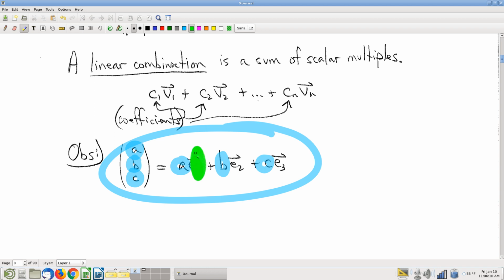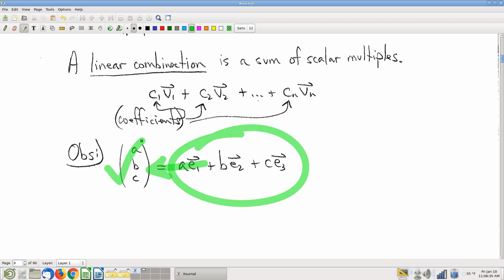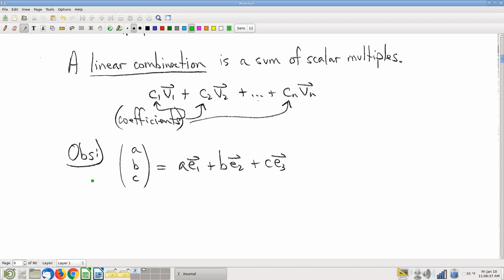These vectors E1, E2, E3, or if you prefer IJK, those vectors are the unique vectors that have this feature where the coordinates are the coefficients in a linear combination. By the way, this would be another good one to crank out. Persuade yourself that this is true. Write out the algebra. Crank out this linear combination and confirm that indeed you do get ABC. Persuade yourself that works. Okay, not hard.